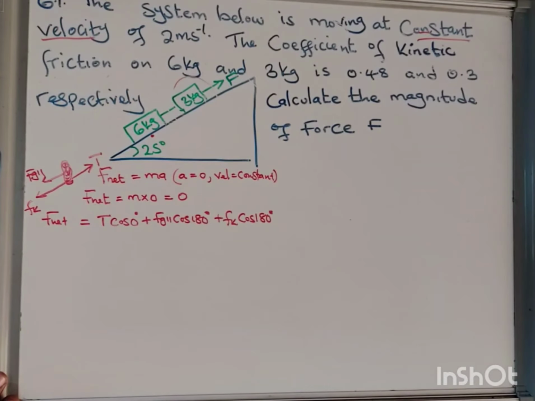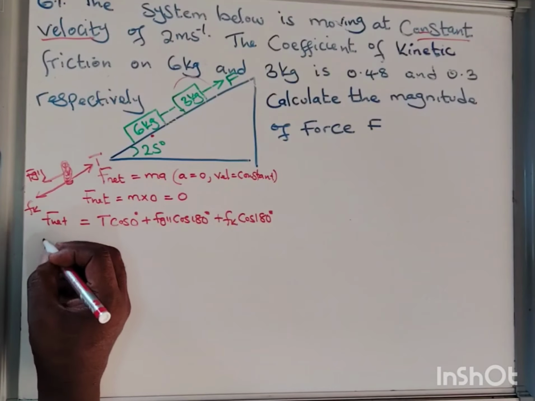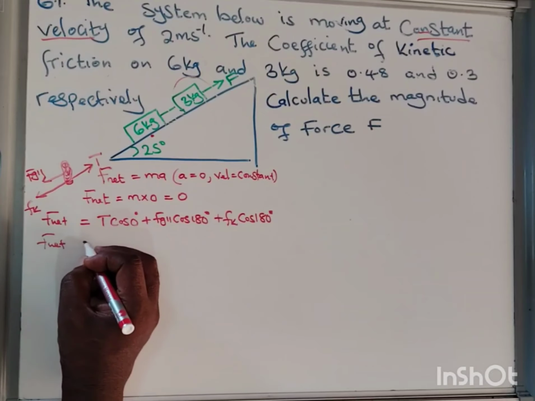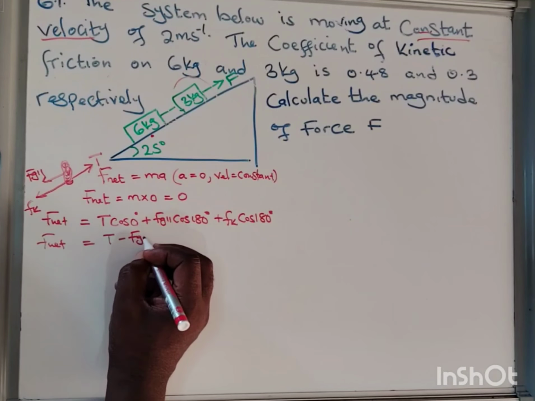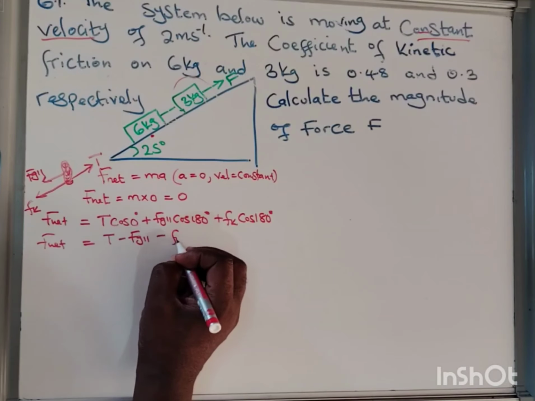When you simplify, you get F net is equal to T minus Fg parallel minus Fk.